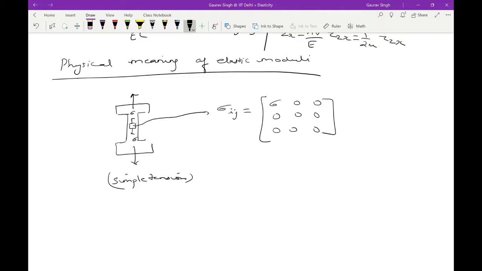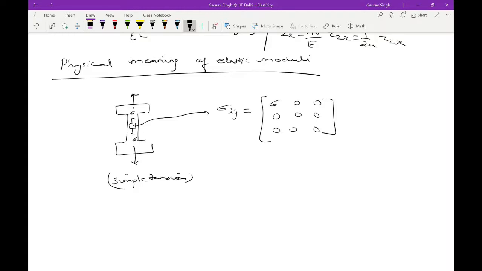Once this is done, using Hooke's law, we should be able to find the strain components as well, or the state of strain. So let's see how that can be done.